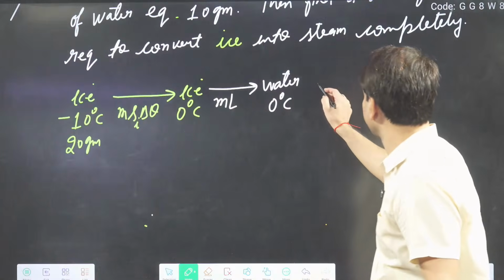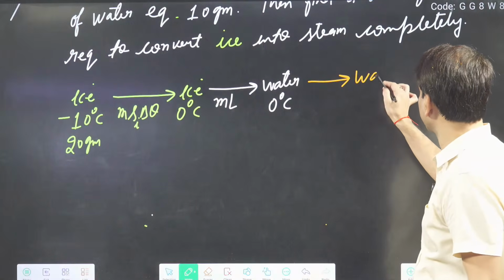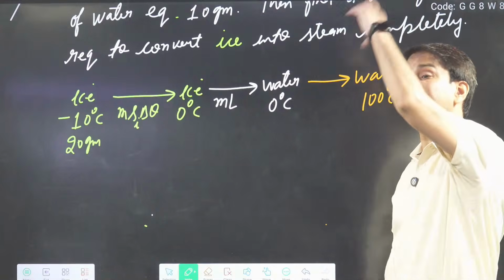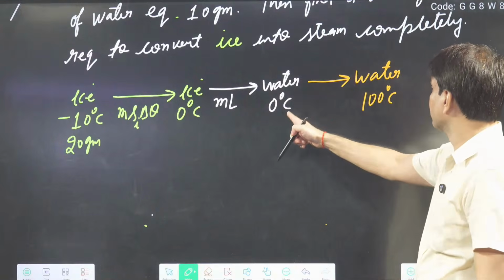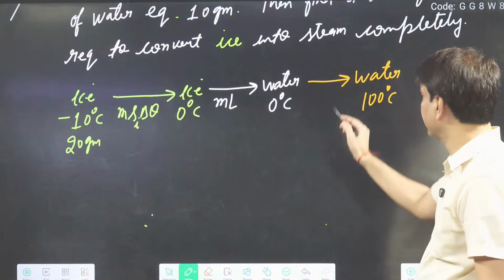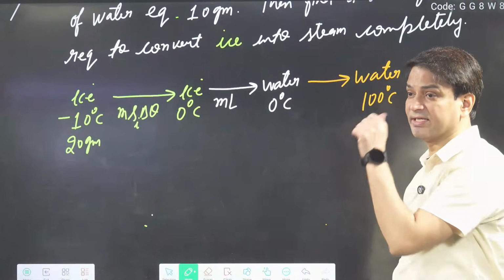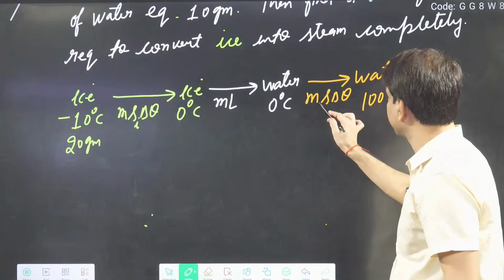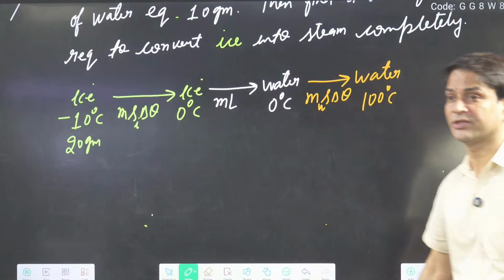So water at 0 degrees C goes to water at 100 degrees C because I am asking for the heat required to convert into steam. Water to water, no state change, only temperature change, ms delta theta, and here I will take the specific heat of water.